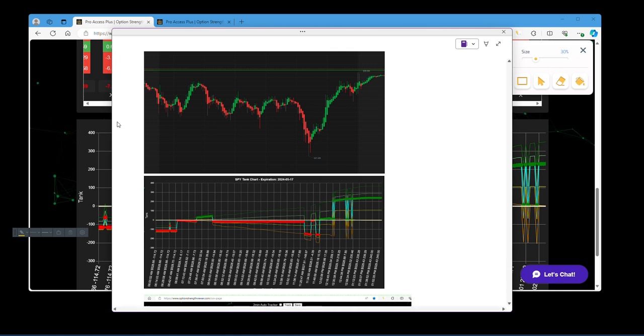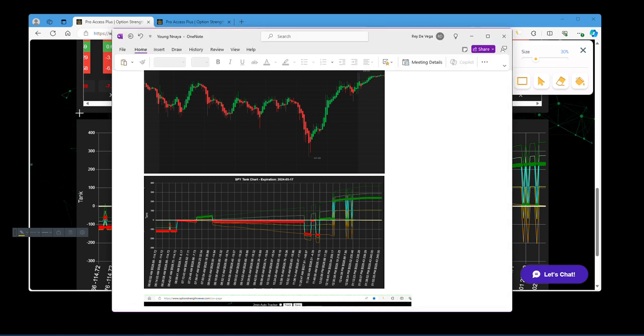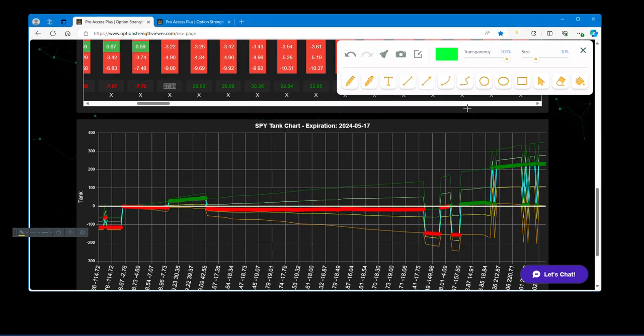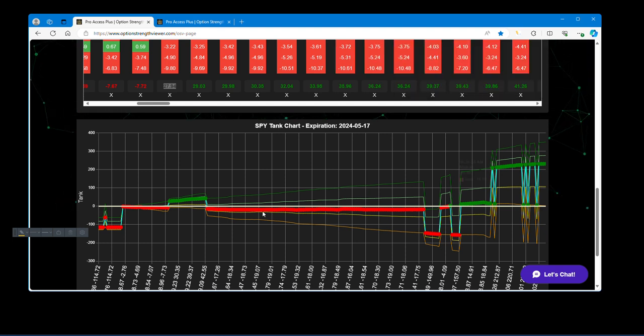The data that is presented to you is real data. It could sometimes be confusing, but it's giving you exactly what the market is doing.